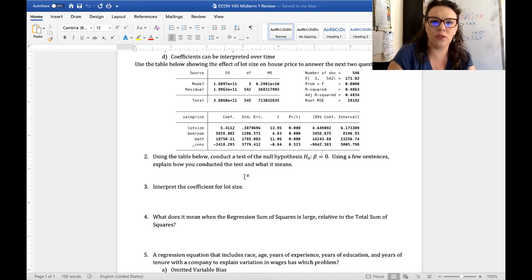So if I want to conduct a test of the null hypothesis, I can use that confidence interval to do it.